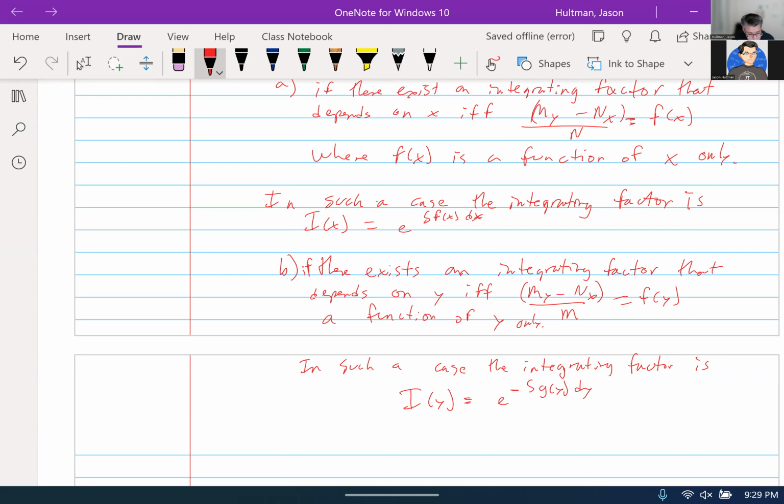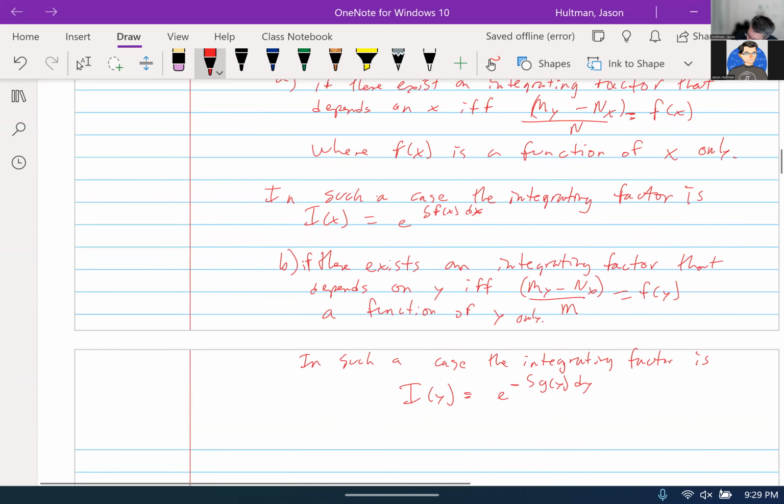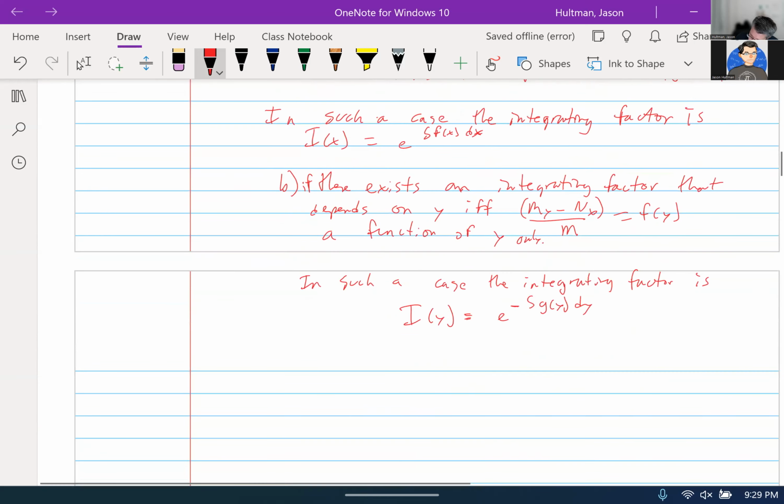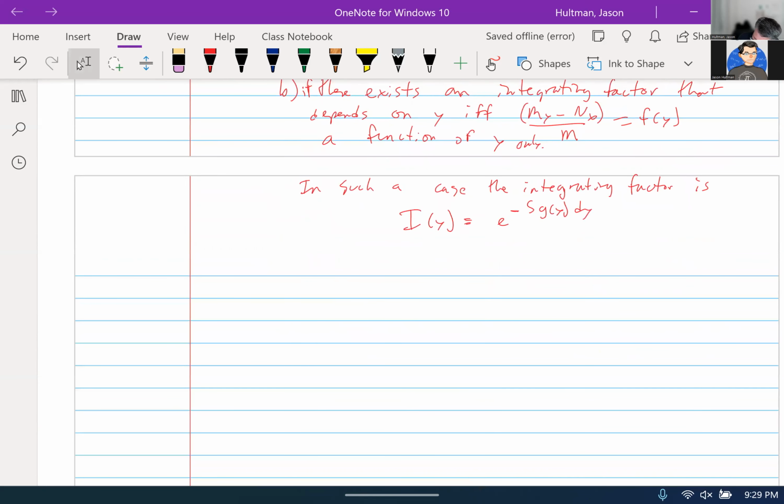So that's due to the nature of how the integrating factors behave. Okay, so let's see how this works in practice.